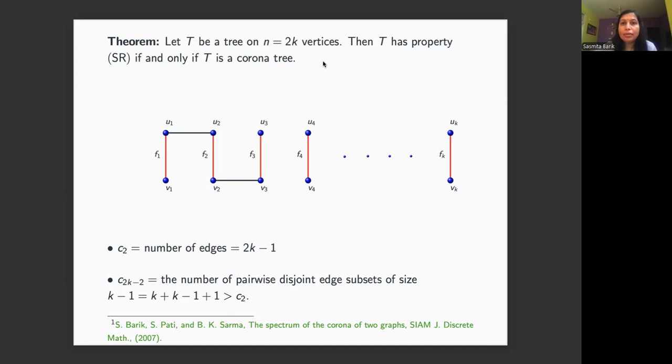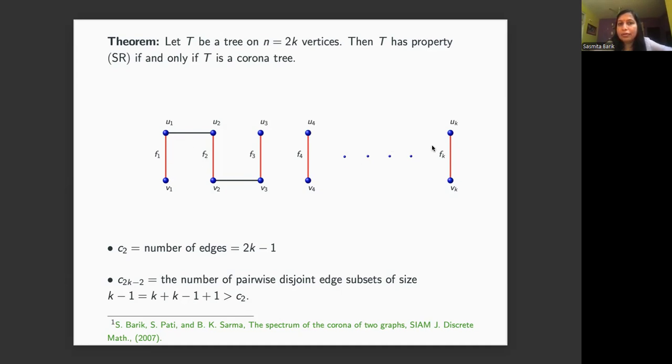Now, because the graph I'm taking is satisfying property SR, it's a non-singular graph. So T is non-singular, so T has a unique perfect matching. I took the matching edges, let's say these are F1, F2, up to Fk. T has 2k vertices, so it has 2k minus 1 edges, and I'm considering the k edges which are the matching edges.